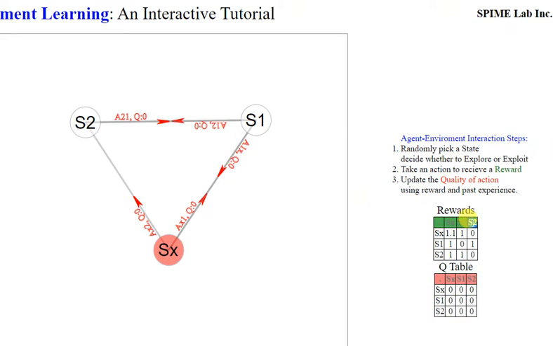For instance, when in state 2, agent can take three actions. Let's name them A2X, A21, A22. The reward for A21 is 1. As you can notice in the graph, a reward is represented by a directed edge between two states. So this is A21 action.